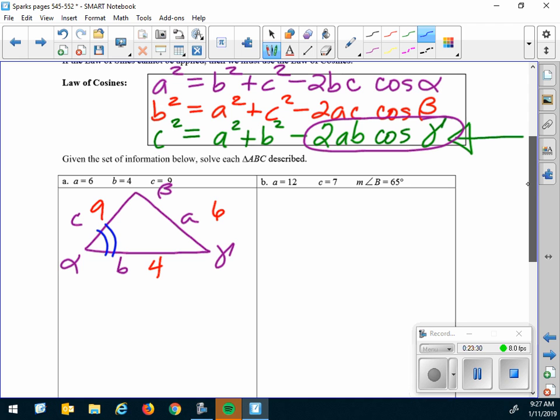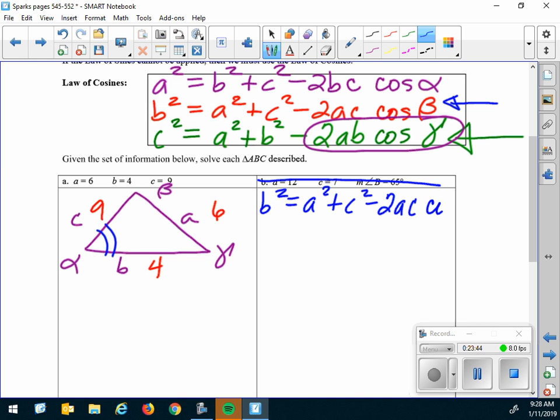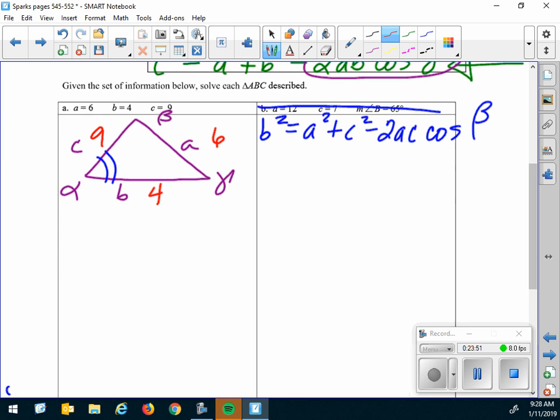Okay, let's go find angle beta. If we're going to find angle beta, I'm going to say b squared equals a squared plus c squared minus 2ac cosine beta. Plug in what you know.